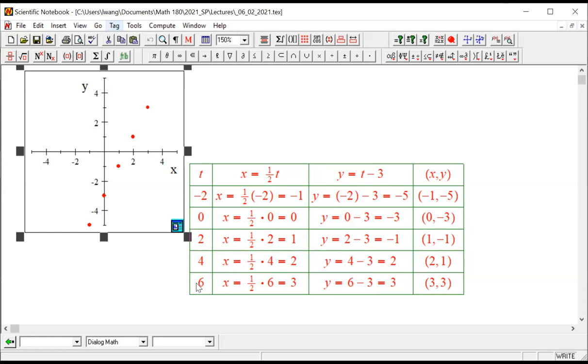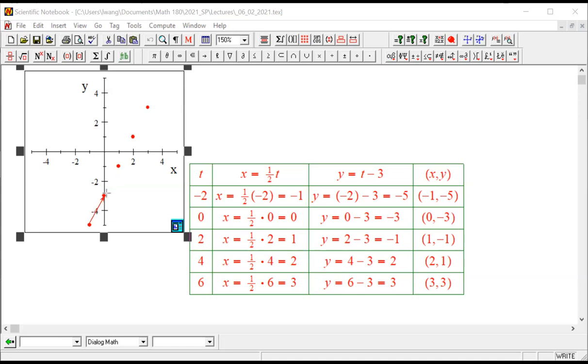And then we're going to connect the dots. It looks like all these points are on the same line. If I connect these dots, what we see here is that as t increases, we chose the values of t going from smaller to larger, and the point is going in a certain direction.